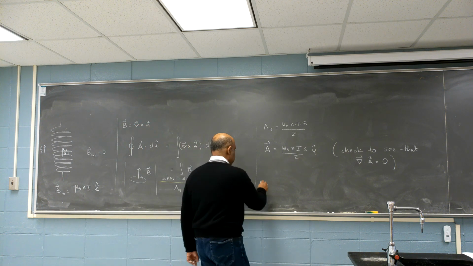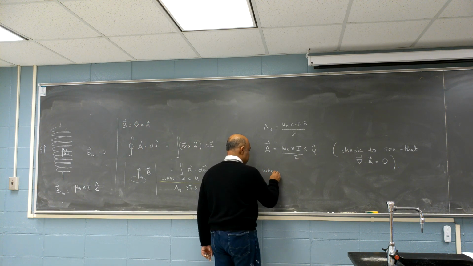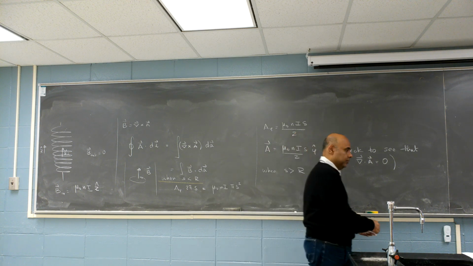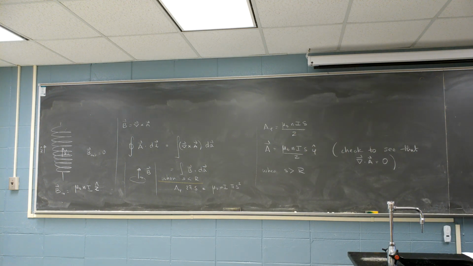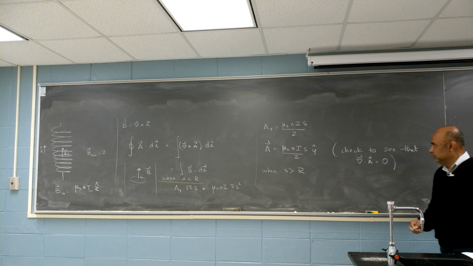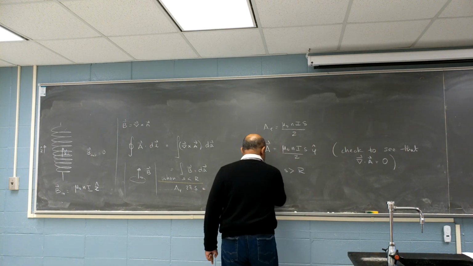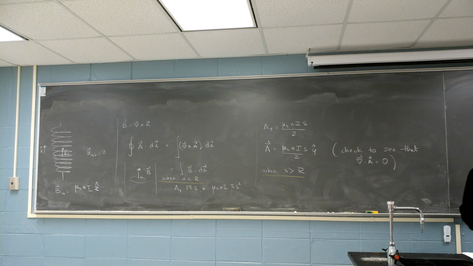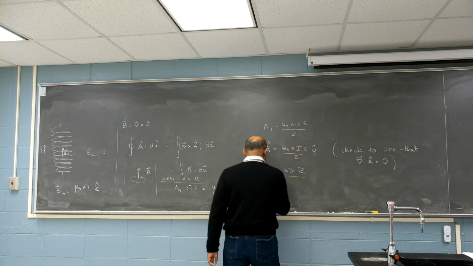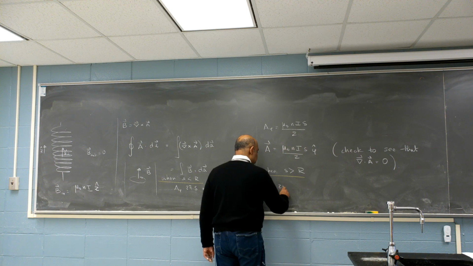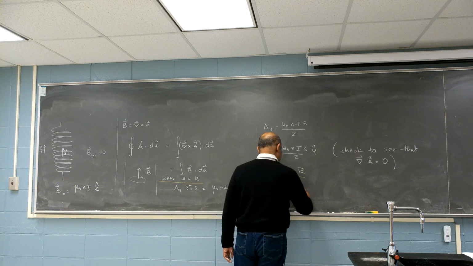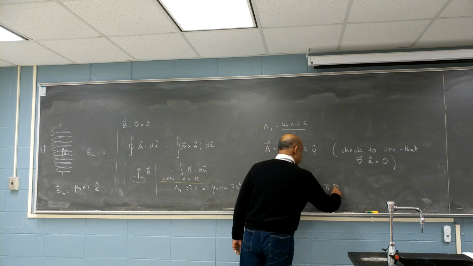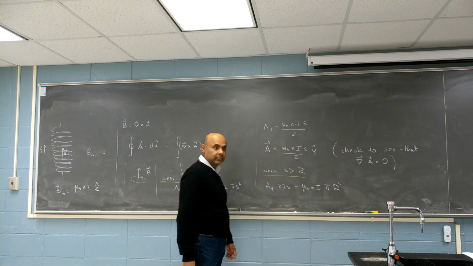Now let's do when S is greater than R. I will get A phi times 2 pi S is equal to mu 0 n I pi R squared.